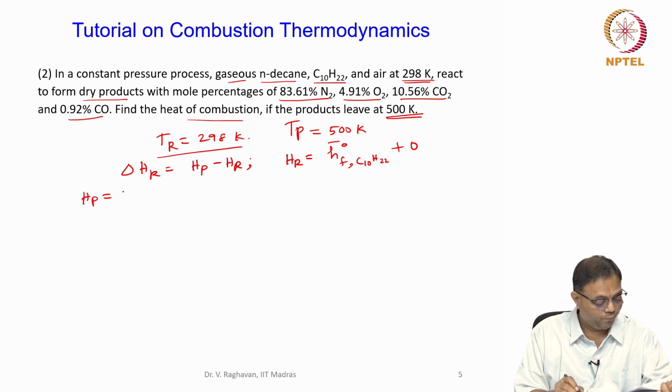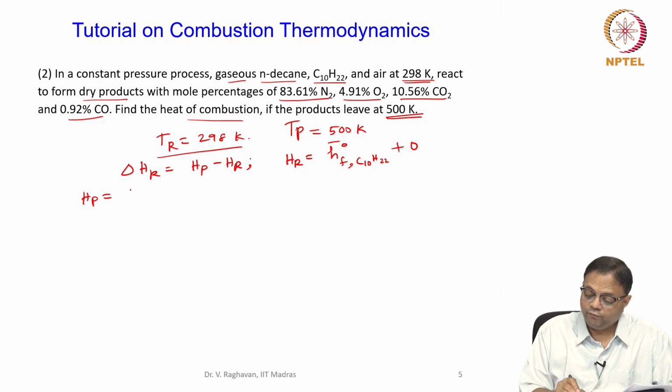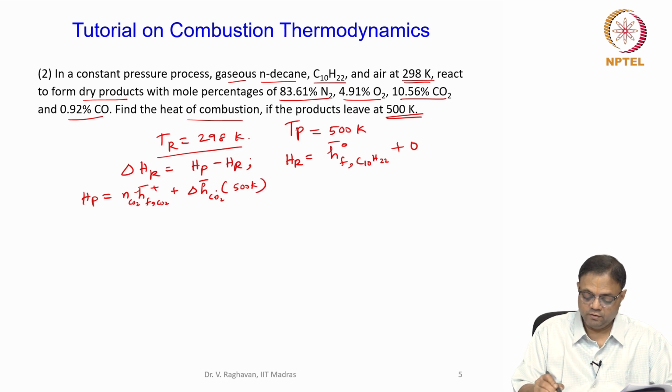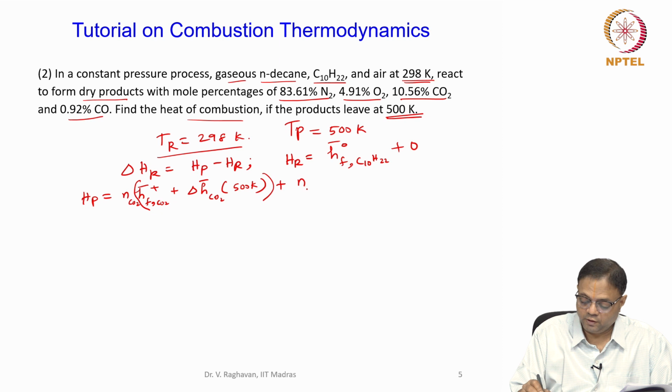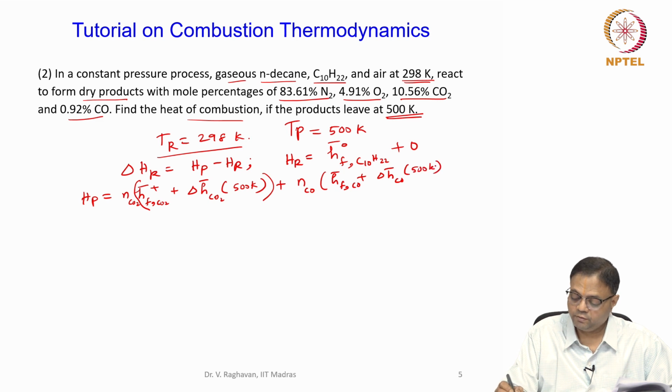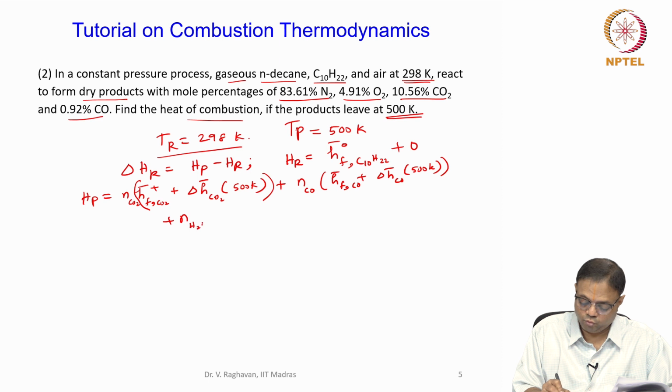So HP will be equal to the number of moles of CO2 times HF of CO2 plus delta H of CO2 at 500 Kelvin, plus number of moles of CO times HF of CO plus delta H of CO at 500 Kelvin, plus number of moles of H2O times HF of H2O plus delta H of H2O at 500 Kelvin.